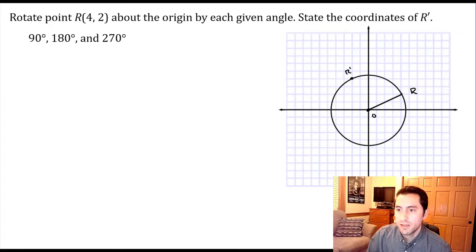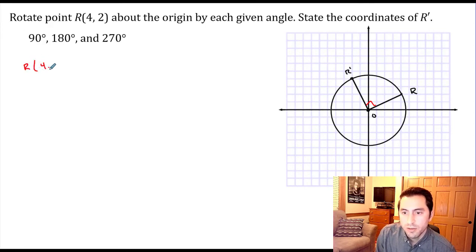And if I connect that together with a segment to the origin, I should see that these two segments do in fact form a right angle. So R went from (4, 2), we did our rotation, and then R prime ended up at (-2, 4).